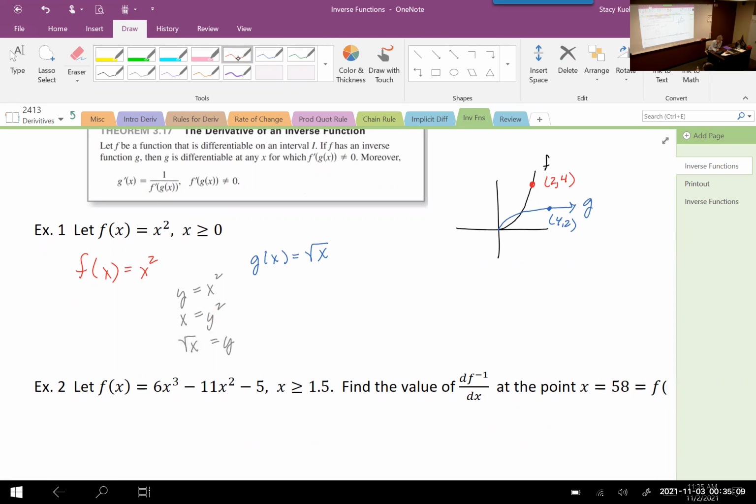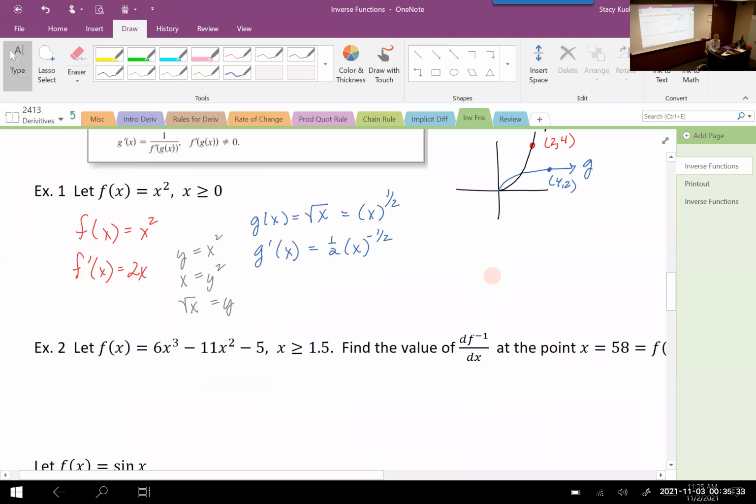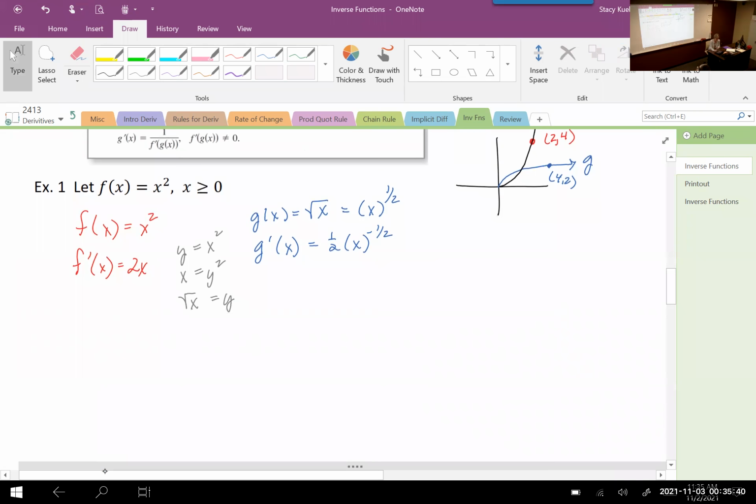What is the derivative of f? What is the derivative of g? 1/2 x to the negative 1/2. Now, what I want to know is, we have 2 points that we're going to look at.